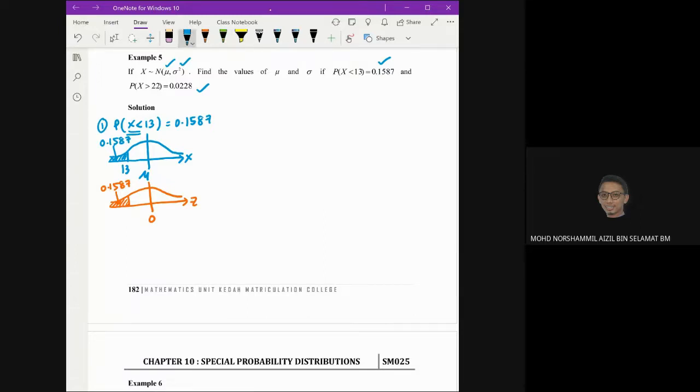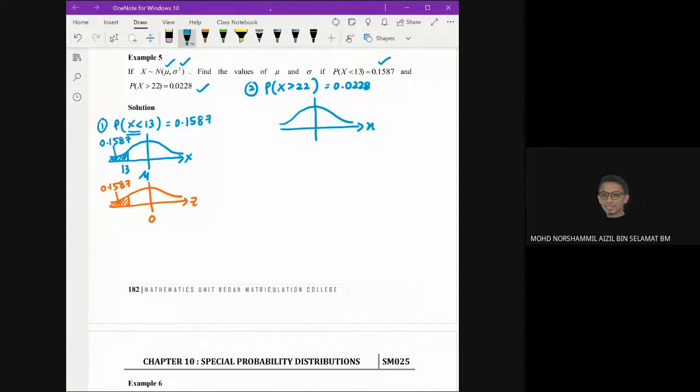Let's take a look at clue number 2. Mari kita tengok clue number 2 dulu. Okay. Clue number 2 lagi senang dulu kan. Okay, probability of X greater than 22 is 0.0228. Okay. So X distribution, macam bell shape kejap naik, kejap turun lah.